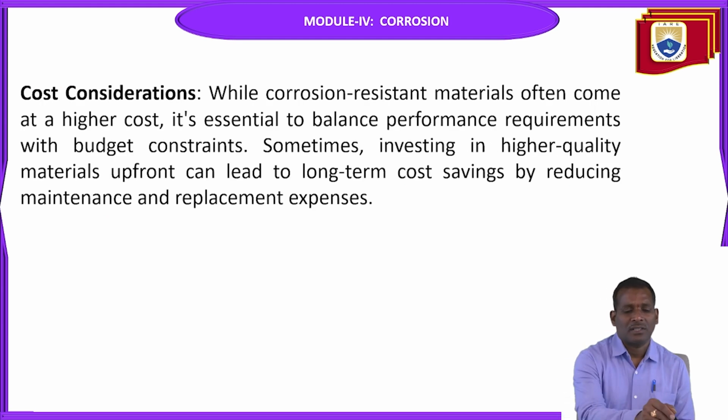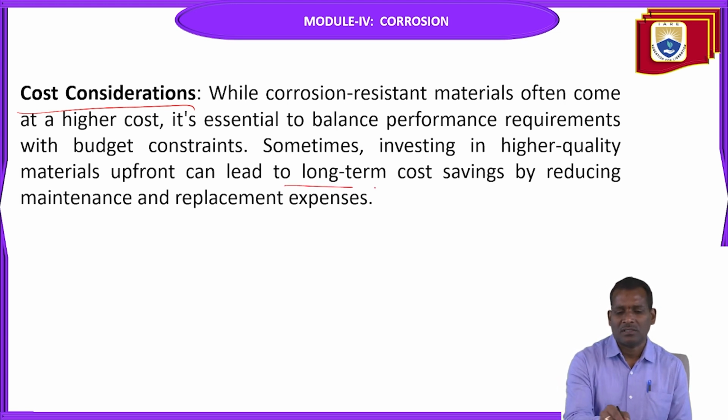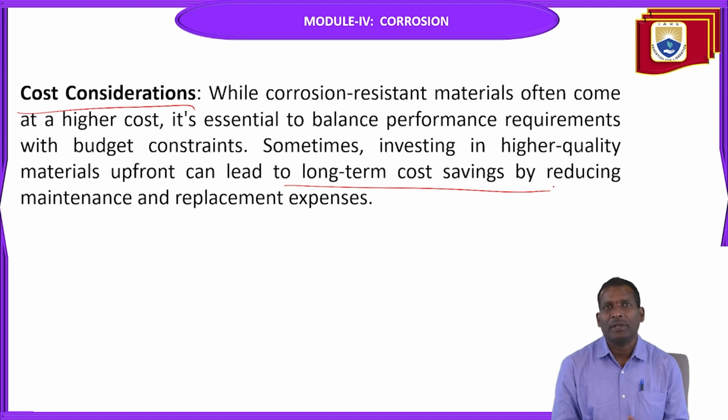Next, cost considerations. This is also one important factor. While corrosion resistant materials often come at a higher cost, it is essential to balance performance requirements with budget constraints. Investing in higher quality materials upfront can lead to long-term cost savings by reducing maintenance and replacement expenses.